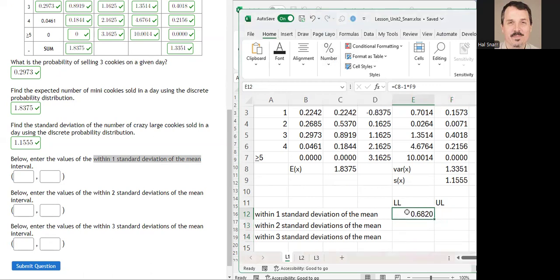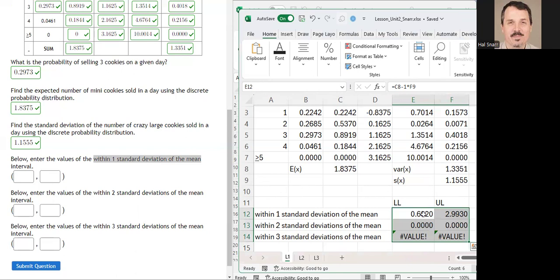Now I'm going to copy this and paste it right here. I'm just going to change the minus to a plus. So this gives me 1 standard deviation above the mean, right? Then I'll pull these two down.